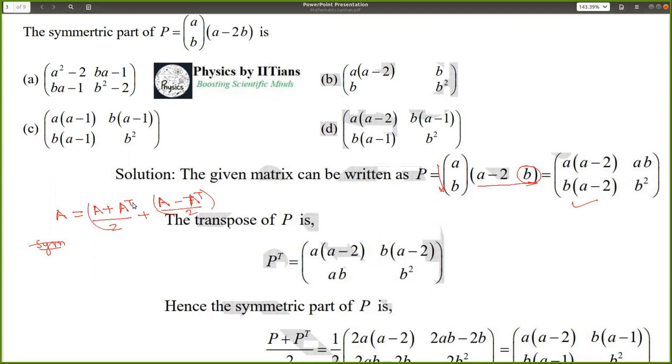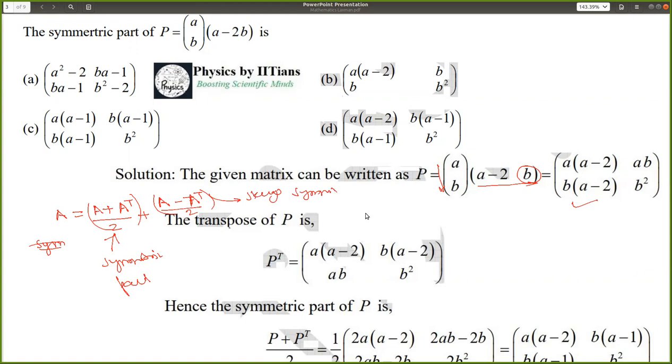In this case, you can check that if you simplify this equation, the transpose of A will cancel out with the minus transpose of A. So this will again give you the original matrix. So if you write this A matrix in this way, this is called the symmetric part of a matrix, and this is called the skew symmetric part.